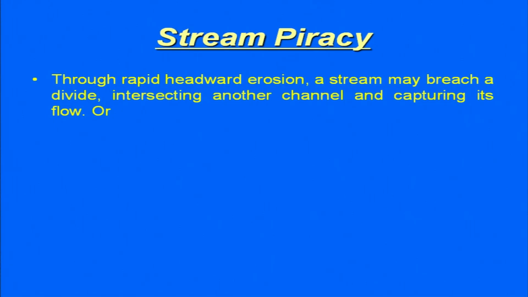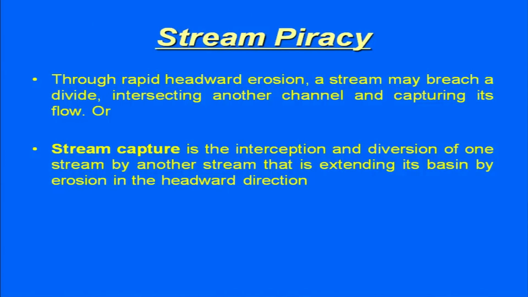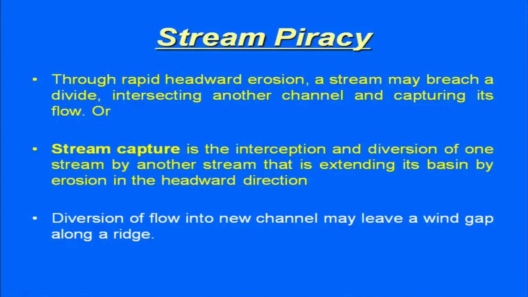So, through rapid headward erosion, a stream may breach a divide, intersecting another channel and capturing its flow, or stream capture is the interception and diversion of one stream by another stream that is extending its basin by erosion in the headward direction. The diversion of flow into a new channel may leave a wind gap along a ridge. This is very common where the erosion is intense.